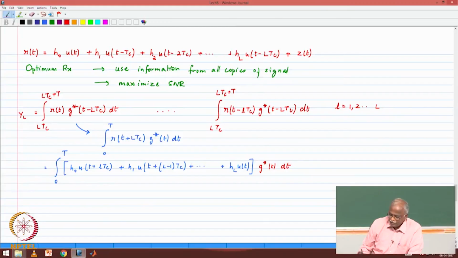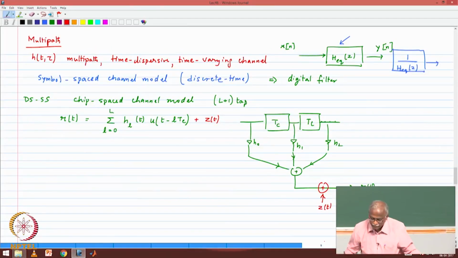Now notice that u of t has got g of t in it. So g of t, g star of t, if I integrate, I will get hL and b root Eb. Did I write down the expression for u of t? No, we have not written the expression for u of t.